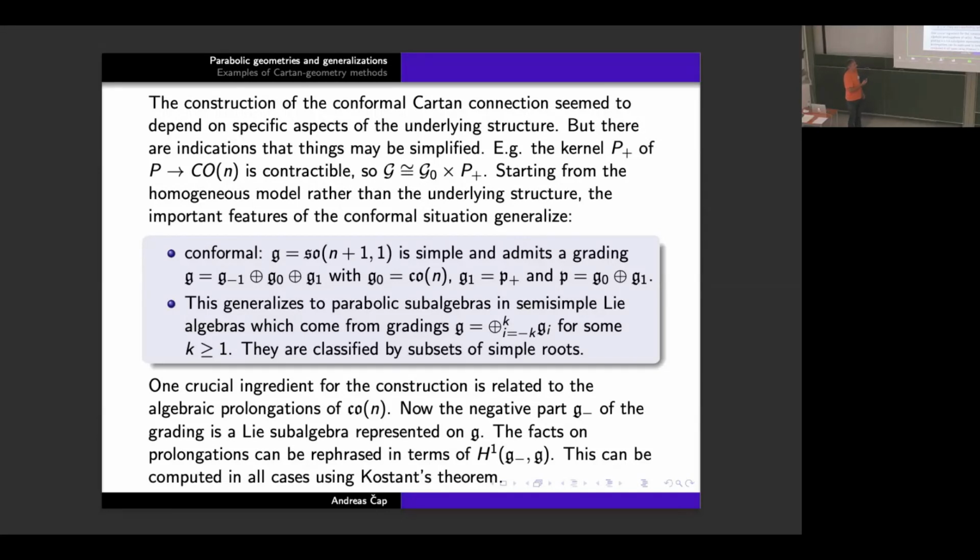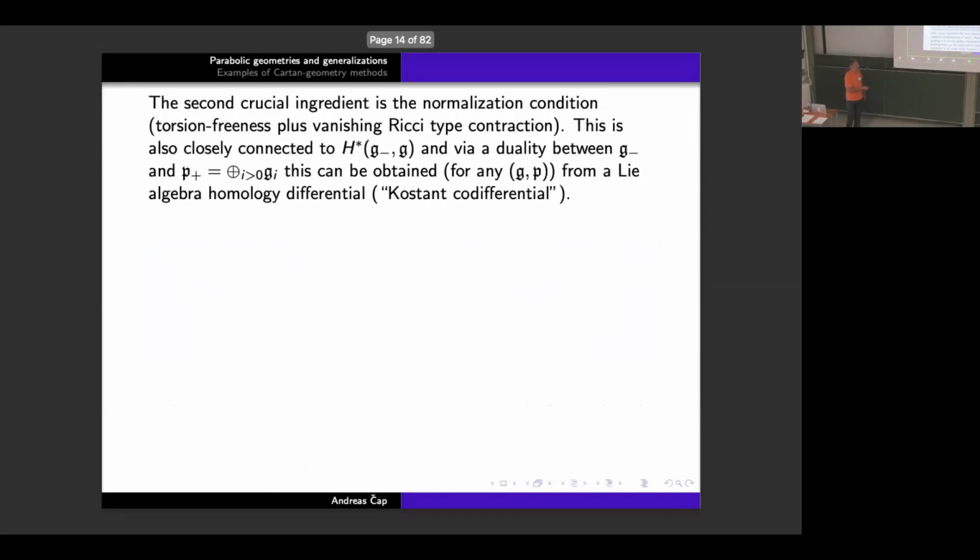Okay? Right, and all these facts are not restricted to the conformal case. You get them immediately for all these parabolic pairs. Okay, this was one essential ingredient. The second essential ingredient I tried to point out, although it's not so easily visible in the conformal case, was this issue about normalizing Cartan connections.